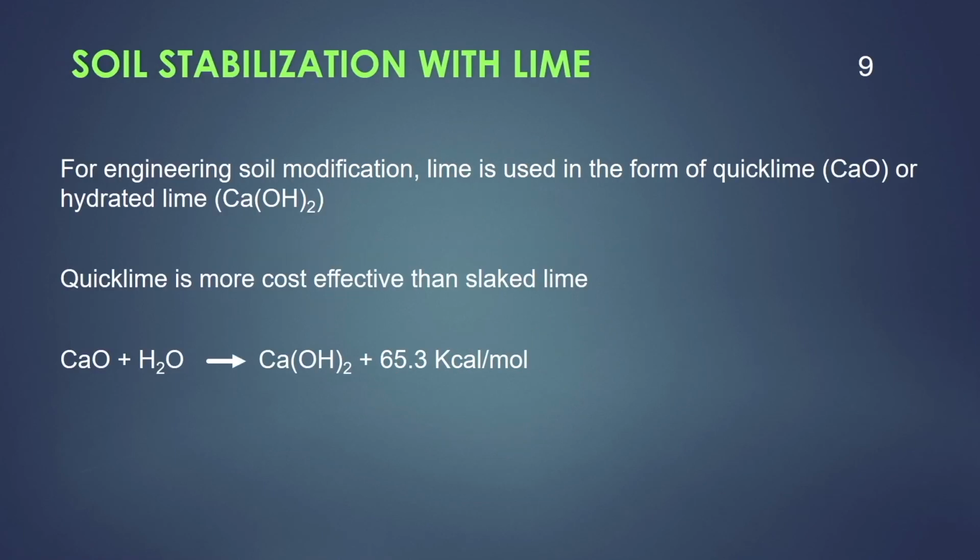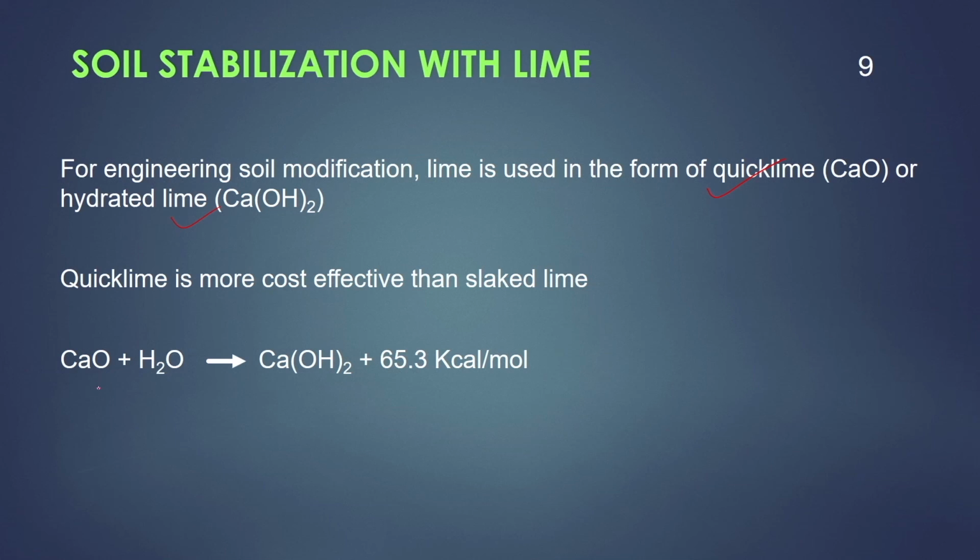First of all, I will start with the lime stabilization technique. In the lime stabilization technique, lime is used to increase the strength of the soil. Generally, when we use lime, either it will be in the form of quicklime or calcium oxide, or it is hydrated lime in the form of calcium hydroxide.